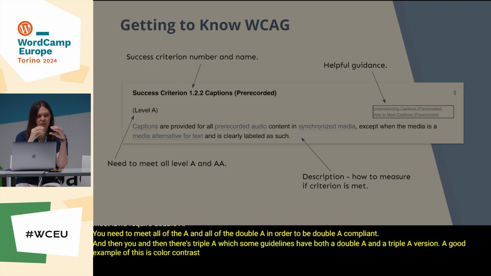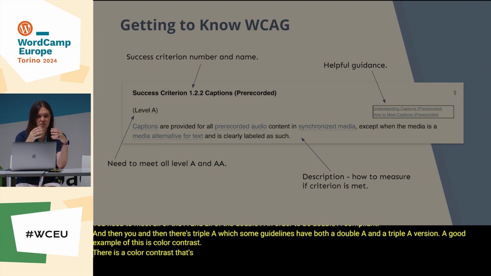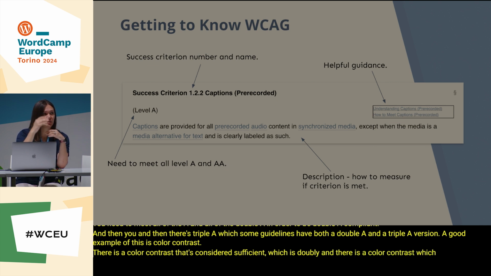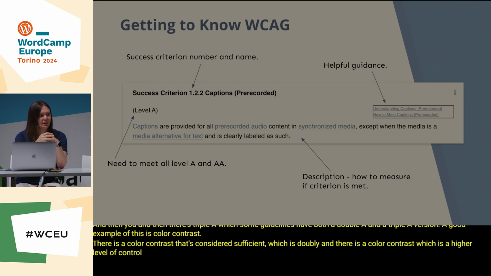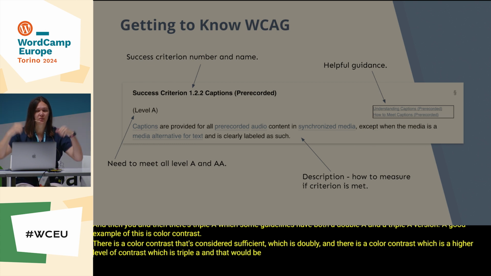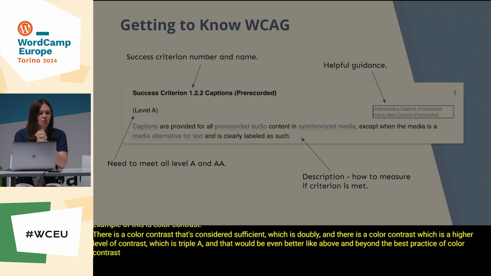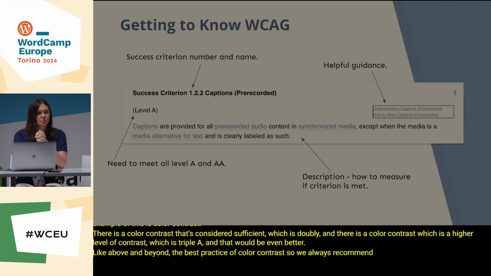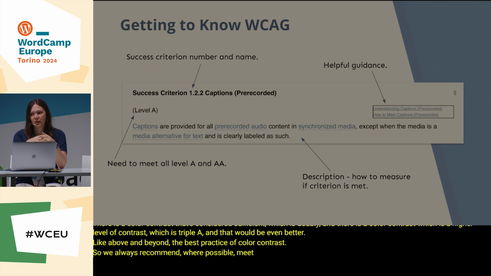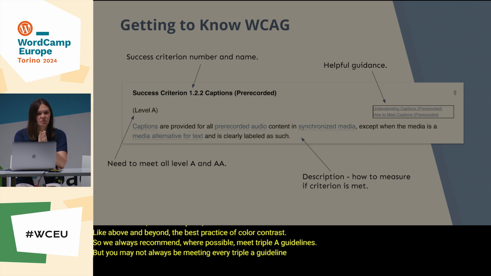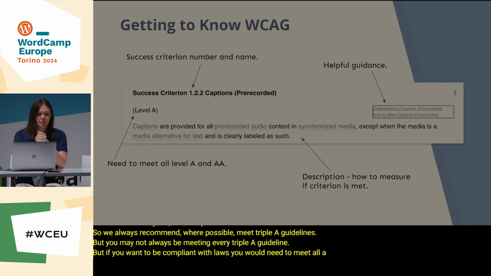There is a color contrast that's considered sufficient, which is AA, and there's a higher level of contrast, which is AAA, and that would be even better, like above and beyond the best practice. So we always recommend, where possible, meet AAA guidelines, but you may not always be meeting every AAA guideline. But if you want to be compliant with laws, you would need to meet all A and AA.